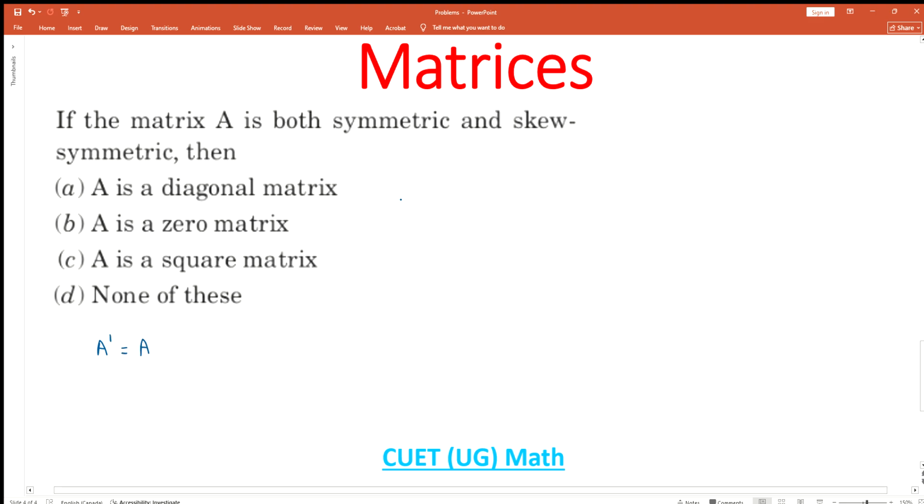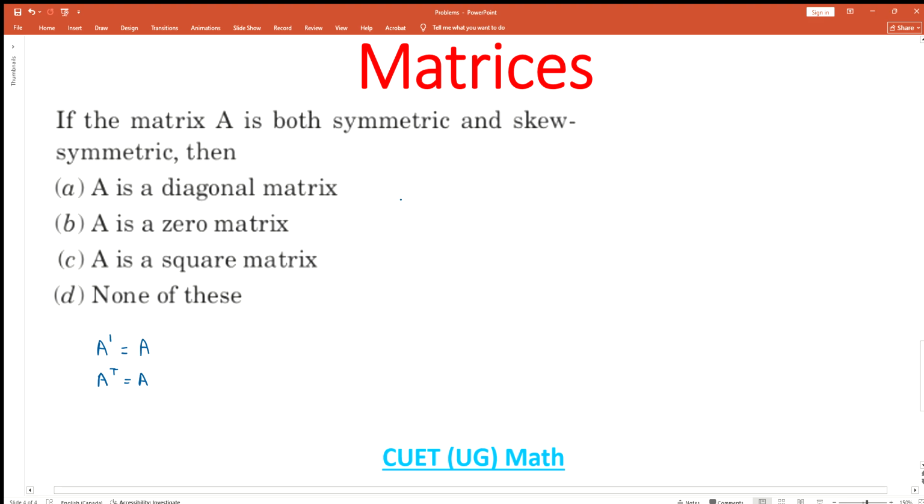The transpose of matrix A can also be written as A with superscript T. So the transpose of matrix A should be equal to matrix A. This is the definition of symmetric matrix. We are also given that matrix A is skew symmetric.